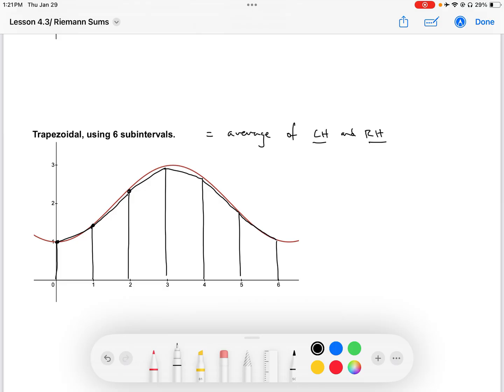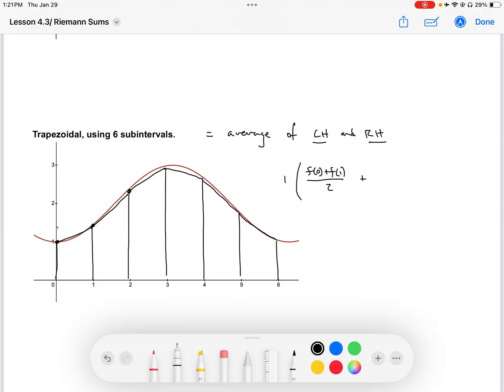So what we're going to do is we're going to take that same width, but now instead of multiplying by f of 0 or f of 1, we're going to multiply by the average of f of 0 and f of 1, right? And so essentially what you're doing is you're finding this rectangle, and you're averaging them to get the thing in the middle, which would just be drawing a line straight across. Okay, so that's just for the first rectangle.